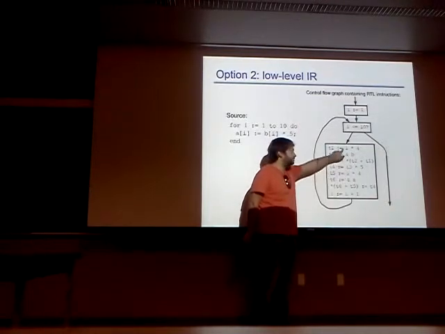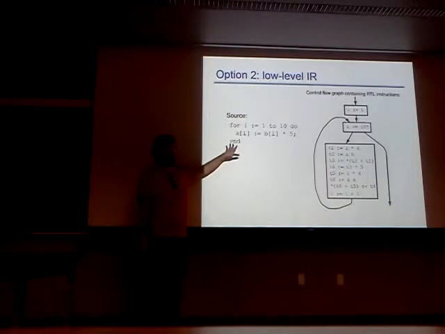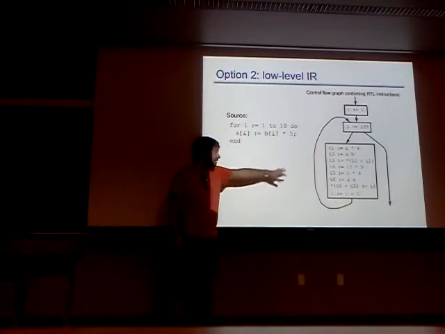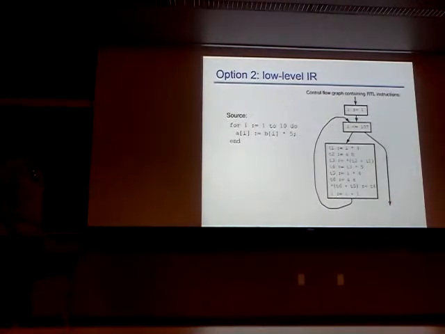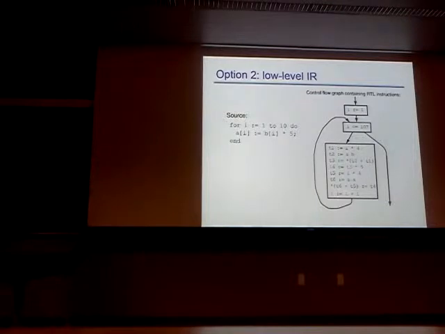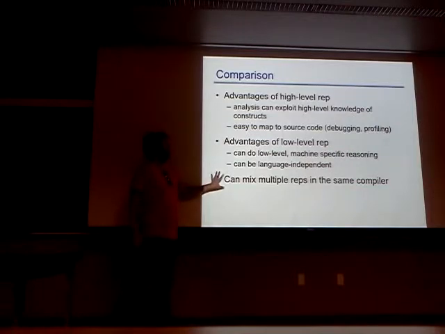So the point is you can actually do optimization at this low level that you wouldn't even be able to see at the higher level. These things don't even exist at that level, right? Once you lower it and look at it at a very low level, you can see optimization opportunities that weren't even visible at the higher level. Now the reality is that you mix multiple representations in the same compiler.